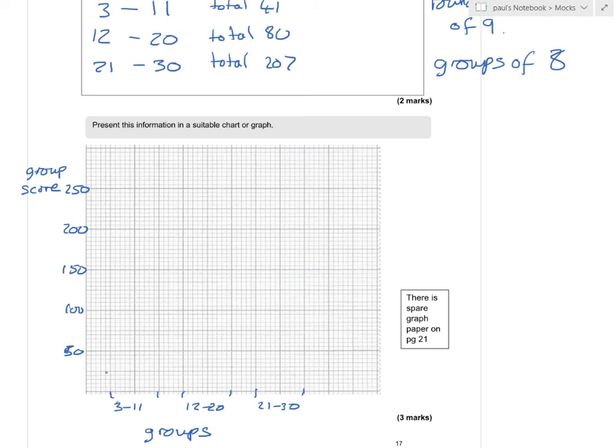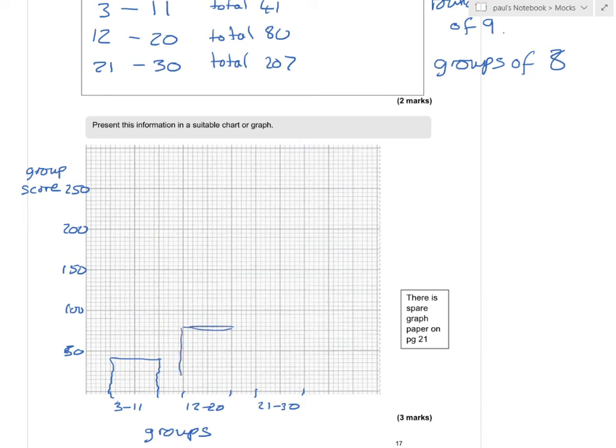Group 1, 25. What's this going up in? 10? So this is 5, 10, 15, 20, 25, 30, 35, 41. So there's group 1. Group 2 had a total of 80. It's there.